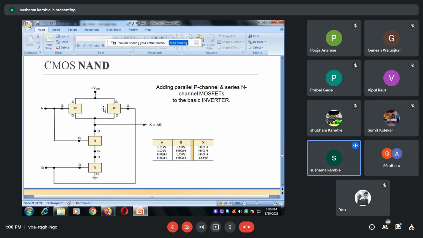When these two NMOS are conducting, you will get output as low. When these two PMOS are conducting, or any one of the PMOS is conducting because they are connected in parallel, you will get the output as high. Is it clear? Now we see which input is low or which input is high. Okay, is it clear?